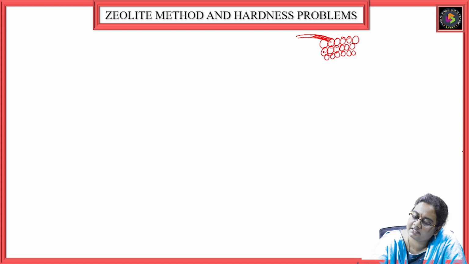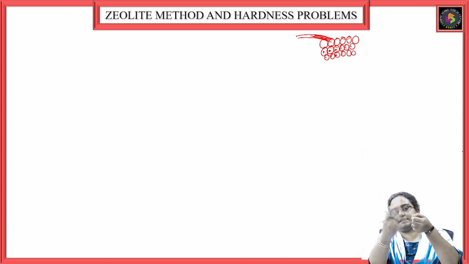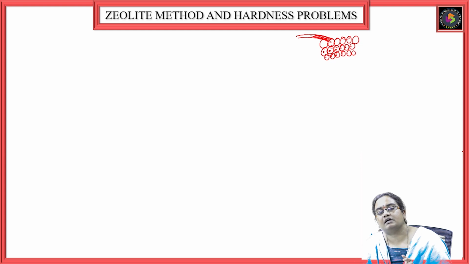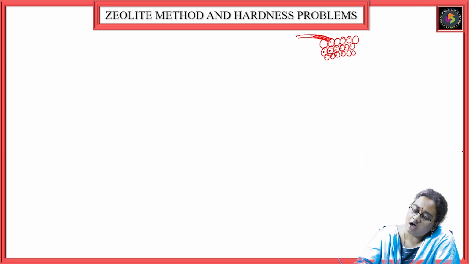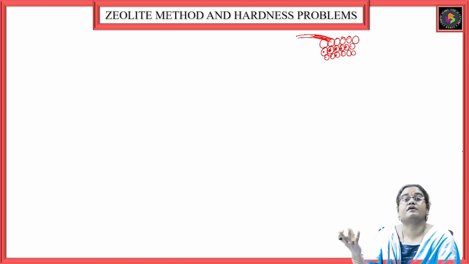The zeolite bed gets exhausted like your tea filtration sieve. When we filter tea a number of times, what will happen? The filter will get totally exhausted and it won't undergo any filtration. Similarly, the zeolite bed also gets exhausted. That means our pores are completely closed. Because of that, there is no further filtration.